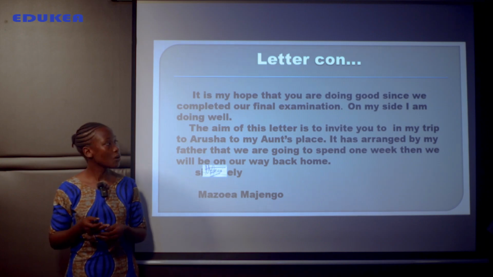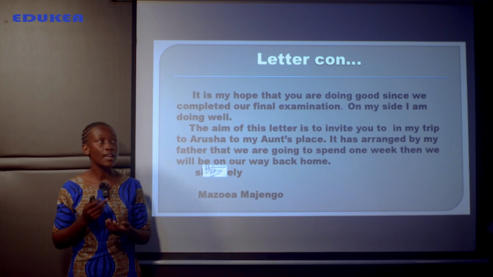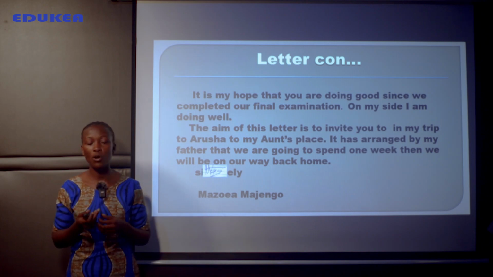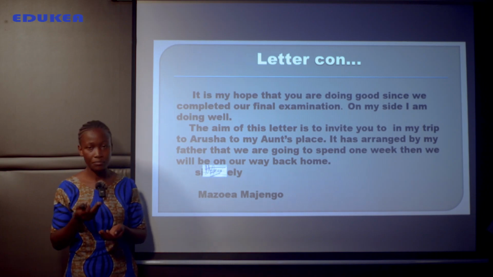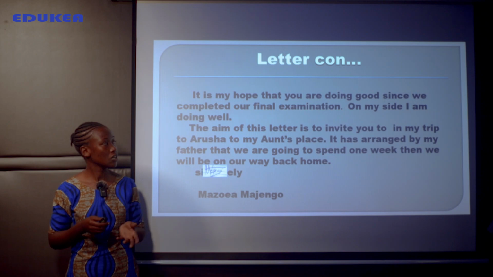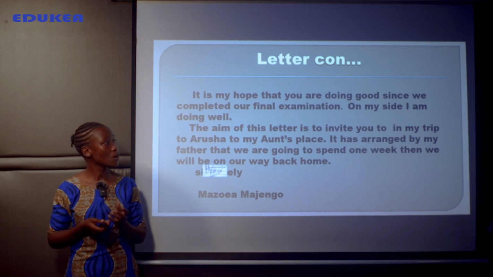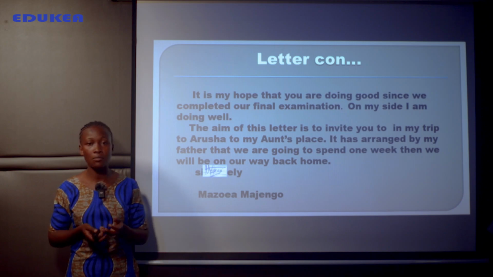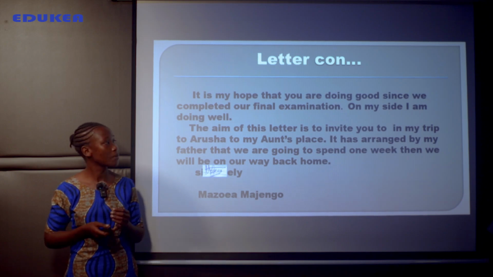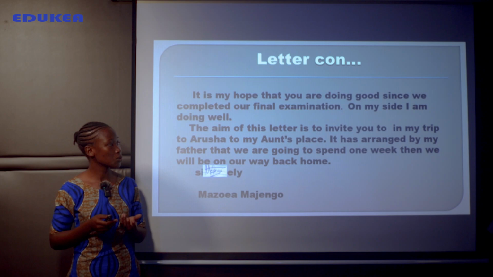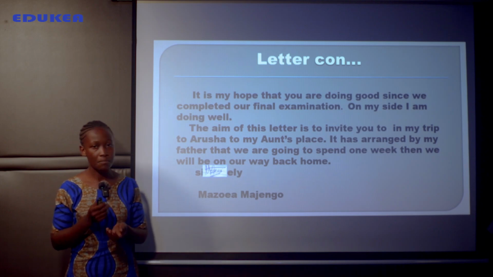So here the writer shows the main idea which was required. She or he was asking her friend or his friend to escort her or him to join the trip to Arusha to auntie's place.